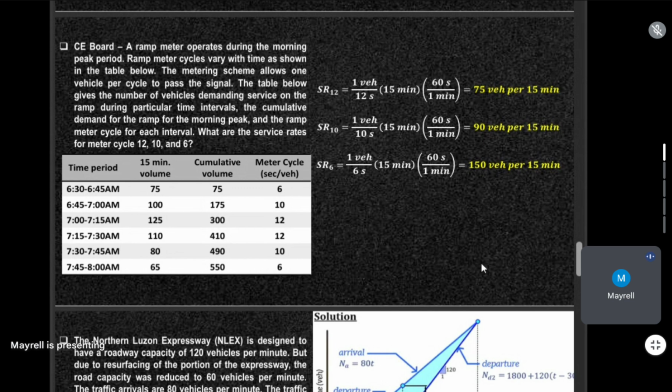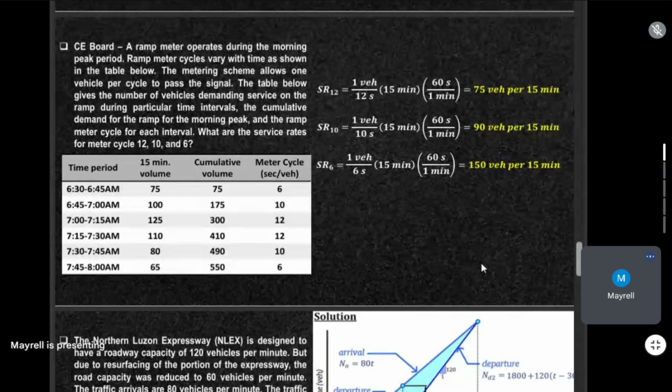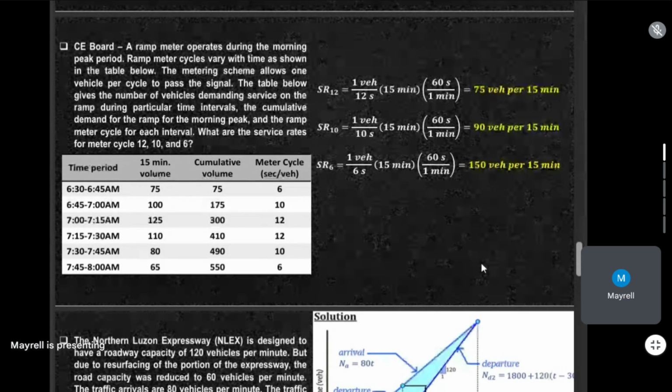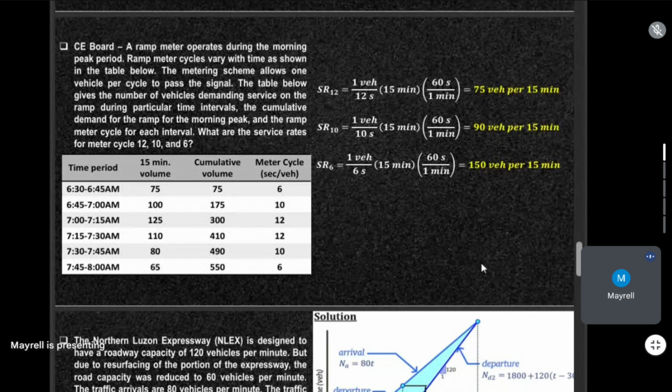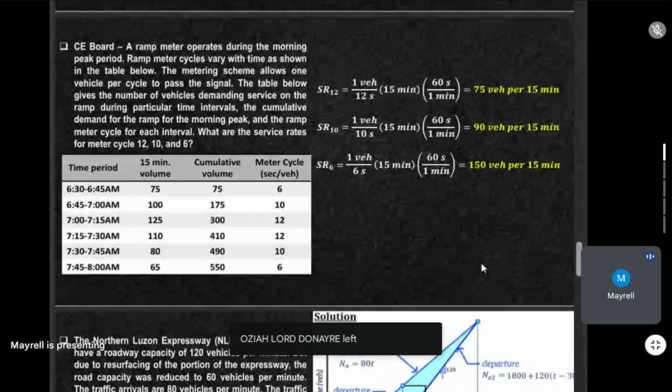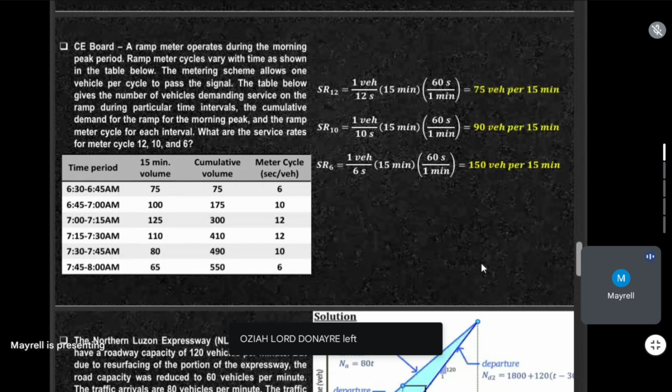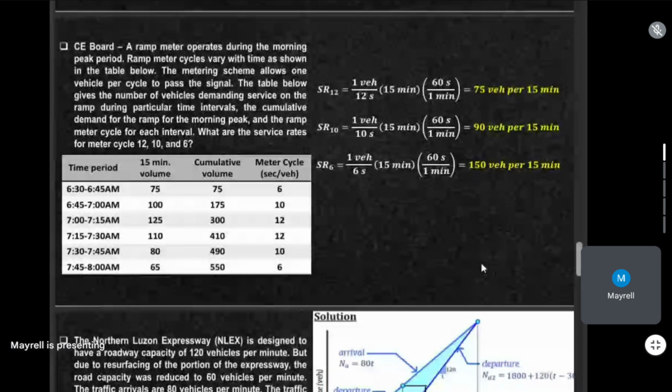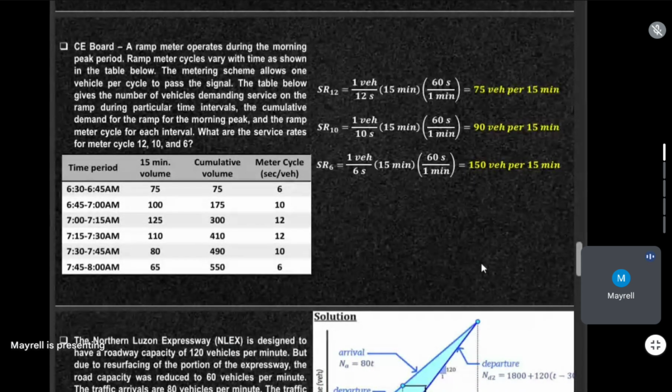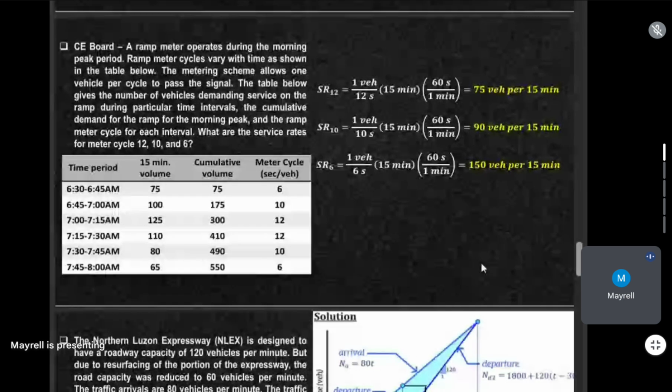The cumulative demand for the ramp for the morning peak and the ramp meter cycle for each interval. What are the service rates for meter cycle 12, 10, and 6?